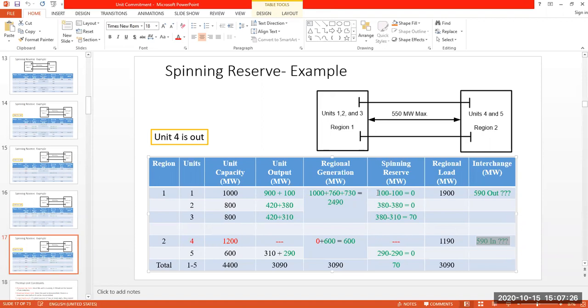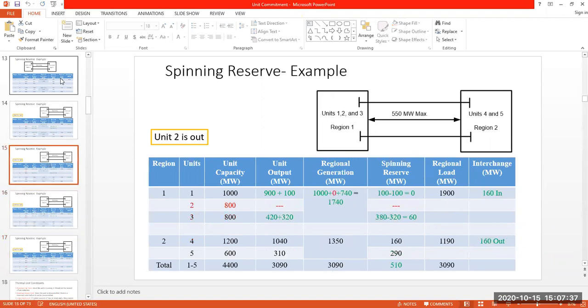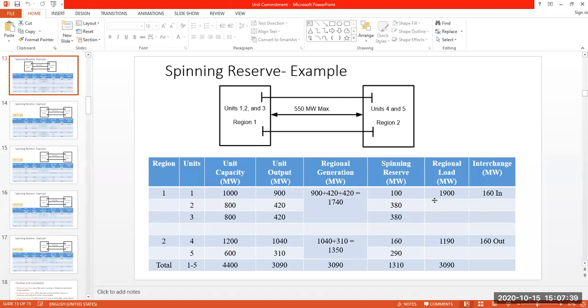So although I have reserves, I can satisfy my own demand here. Remember, as one of your friends said, I had some lackings here, 160 lackings. If I go back, I had some lackings here, 1740, 1900.